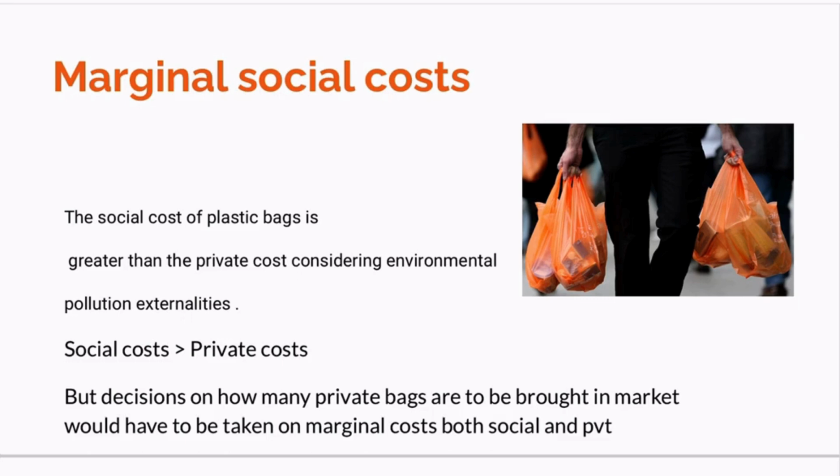In this approach, in the market economy framework, take the same example of a car polluting the environment. We don't say that we just stop producing cars. What we would say is that let us limit the number of cars.